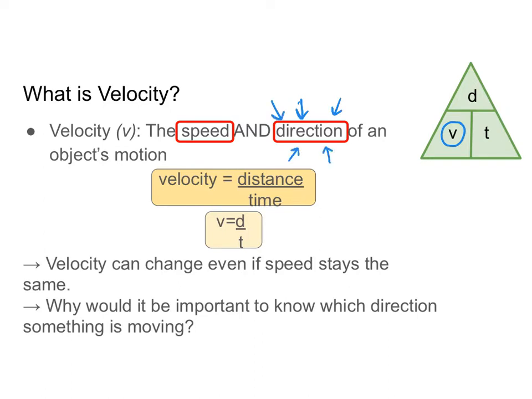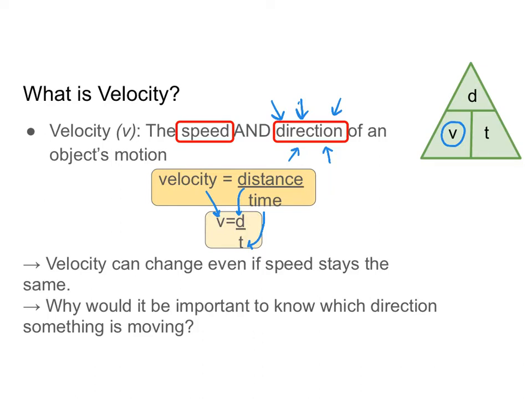So this is going to require an extra unit on the end of our answer. So the velocity is going to be equal to the distance over time. We're going to abbreviate velocity with a lowercase v, lowercase d for distance, and then lowercase t for time, just like we did in our speed equation.